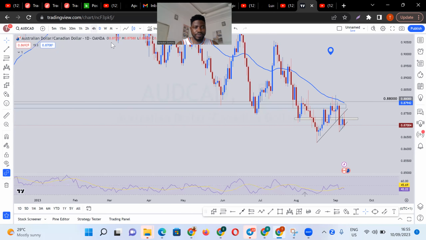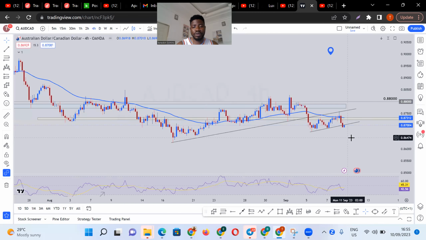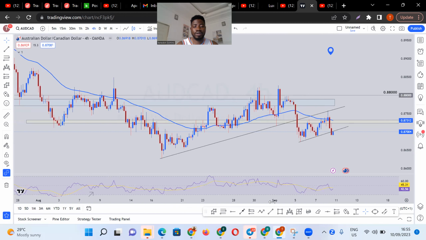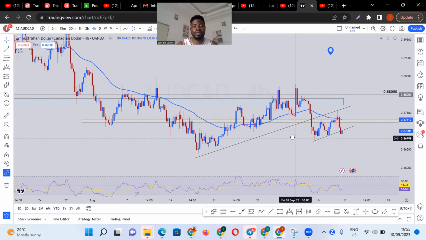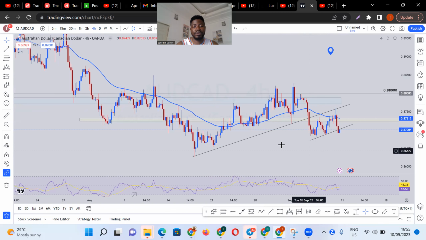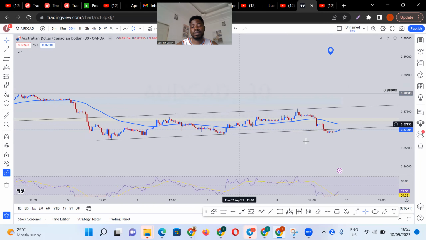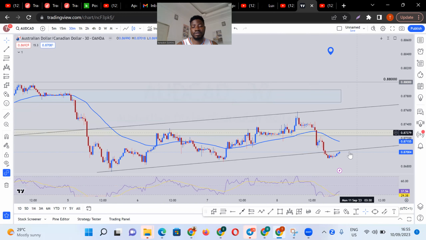On the 4-hour time frame, AUD/CAD is almost ready for me. It has given me this vibe, trend line breakout and retest. If I had seen this on time, this is on Friday, I wouldn't have taken it anyway on 30 minutes. That's a very nice trade.